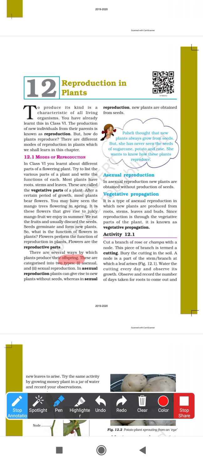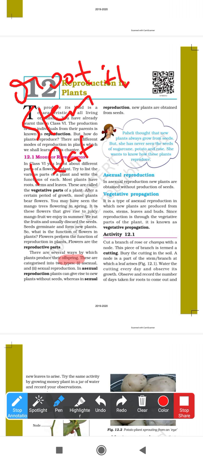Now where does the seed come from? We only studied 5 parts over here: root, stem, leaf, flower and fruit. Inside the fruit we have got a seed. So if a seed is involved, it is called sexual reproduction.